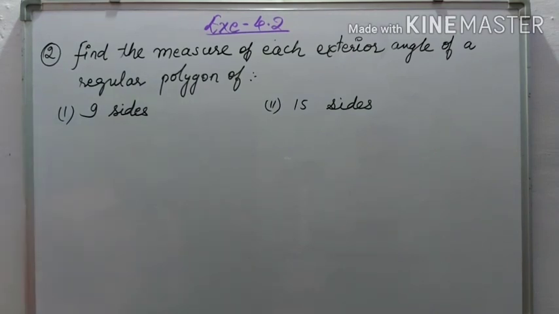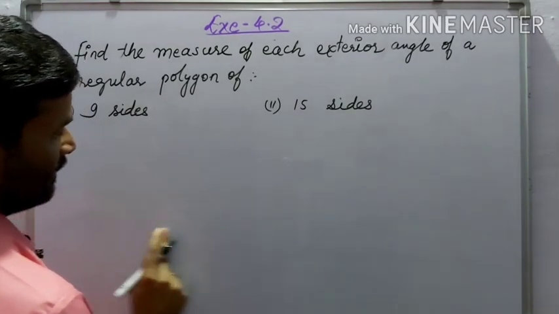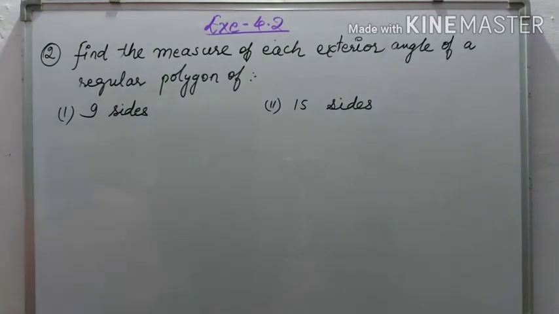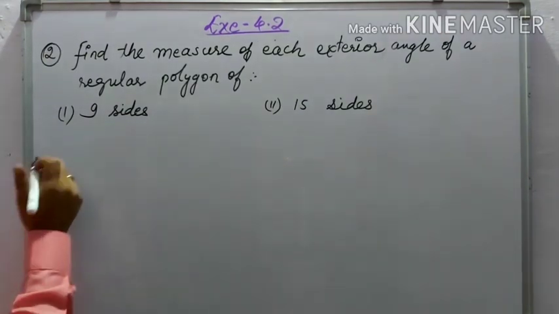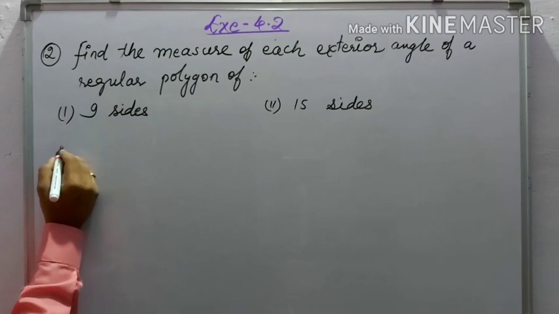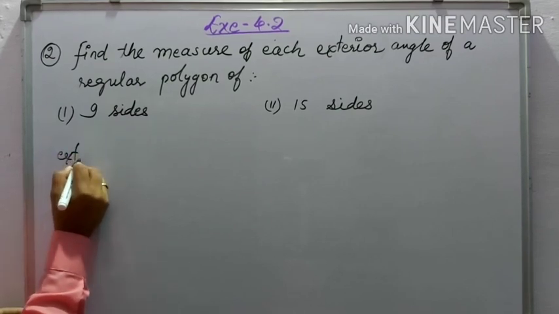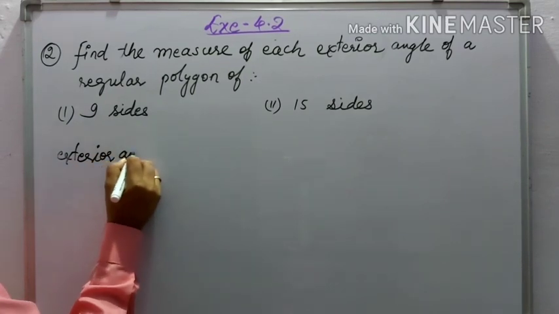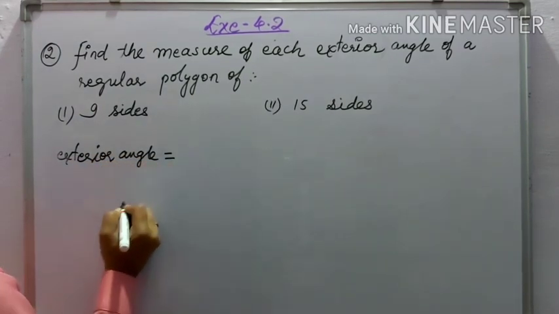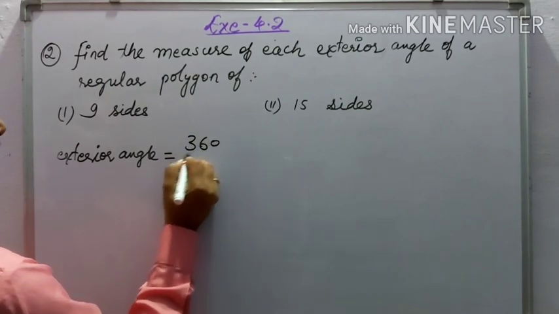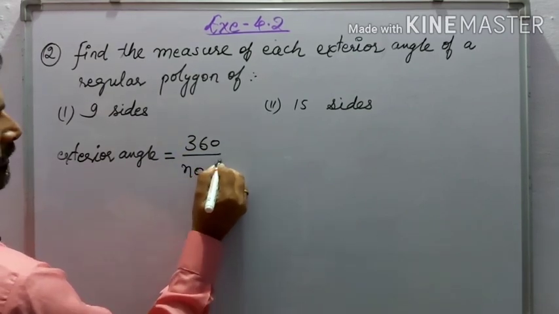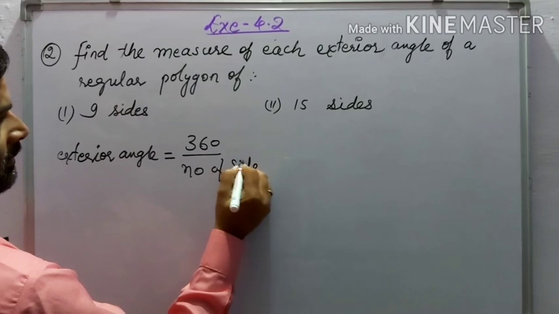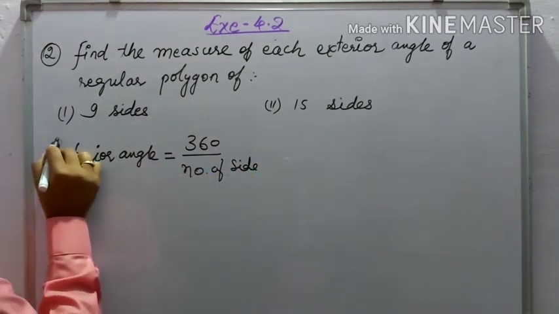The exterior angle is not given, so we use the relation between the exterior angle and the number of sides. Exterior angle is equal to 360 upon the number of sides. This is the formula.